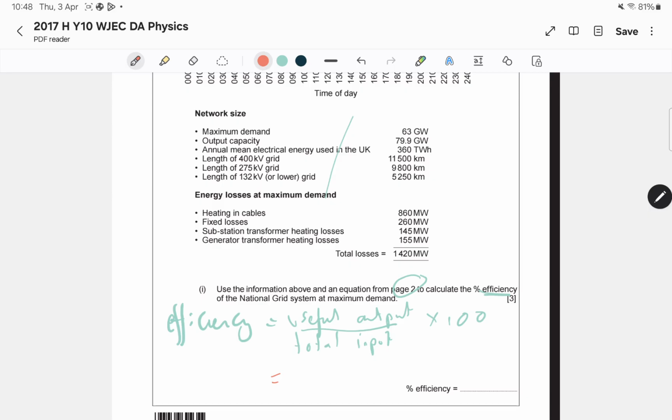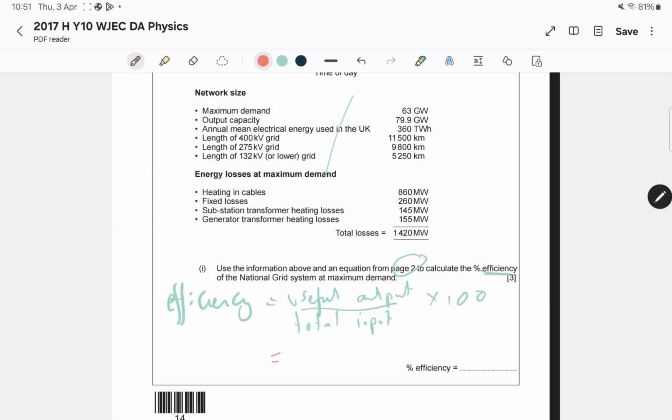Right. Maximum demand, output capacity, length of wire, heating in cables. Which of these is the useful output? So the useful output is going to be this one. That's how much it's going to be making. So I'm going to put 63 gigawatts there.